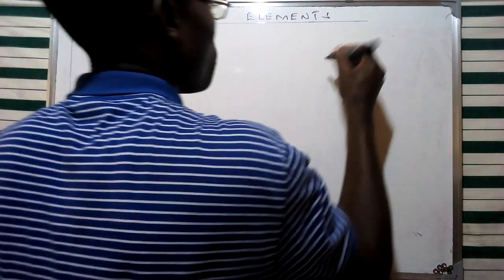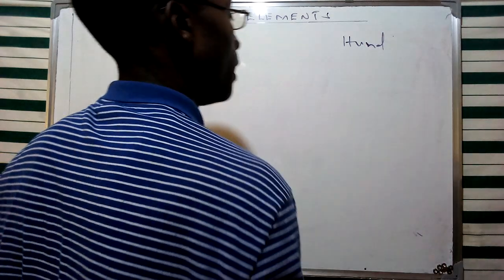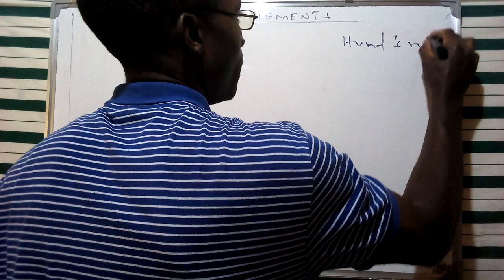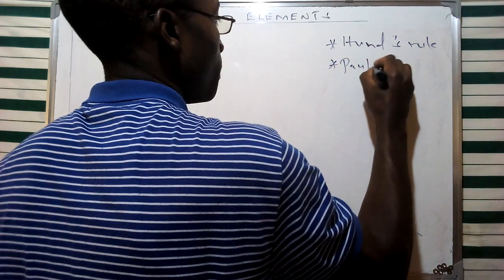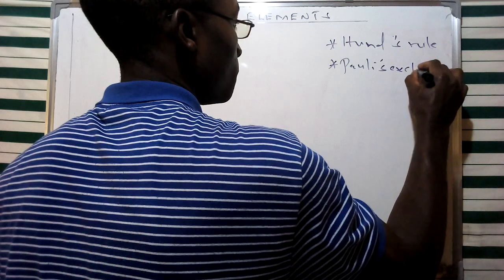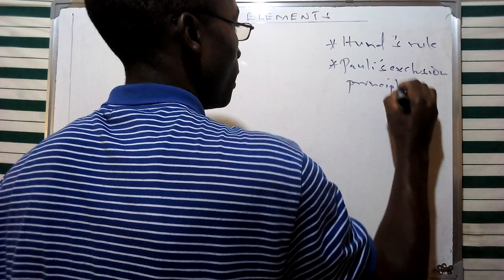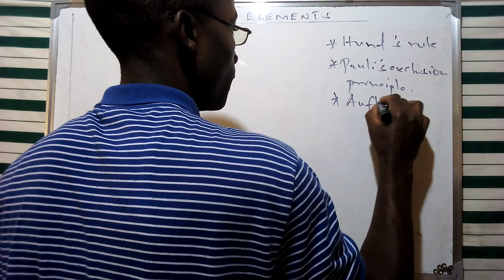Among them, I'm going to use the 3 basic rules of assigning the orbital diagram and the electron configuration. These are Hund's rule, the Pauli exclusion principle, and lastly the Aufbau or building up principle.